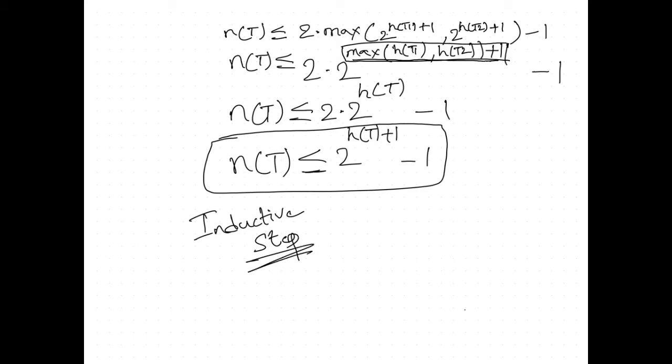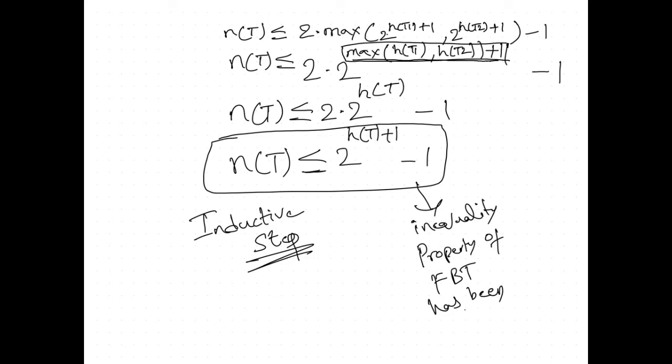Once the inductive step is verified, what does it mean? This inequality, which is also called a property of full binary trees, has been proved by using structural induction. So, thank you.